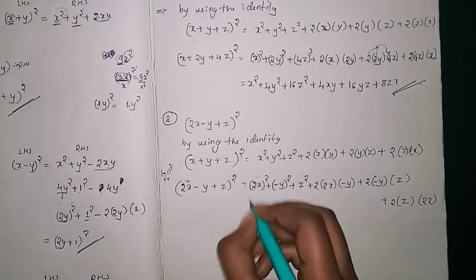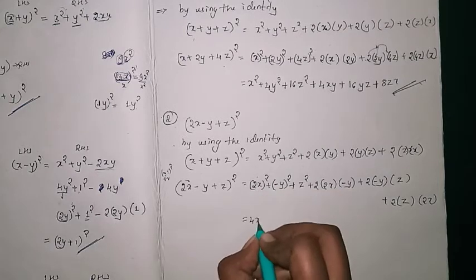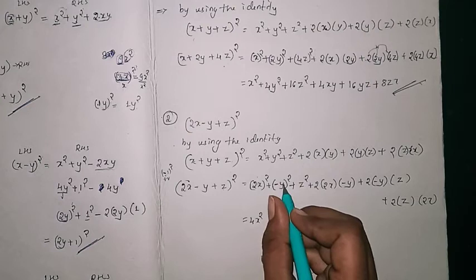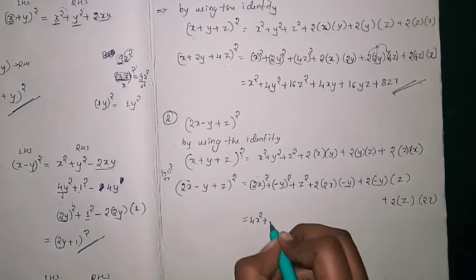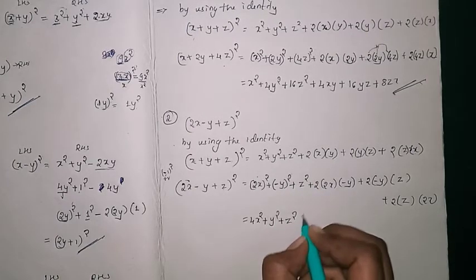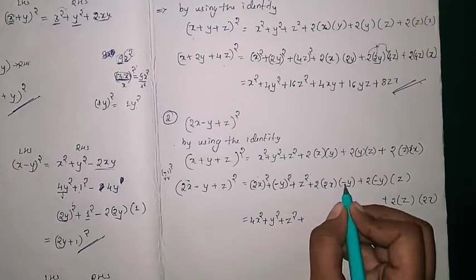So now you have to write 2 square is 4x square, x square, minus y square, minus square will be positive, so positive y square. So plus of z square, so z square, plus of 2 into 2 is 4, 4 minus 1.